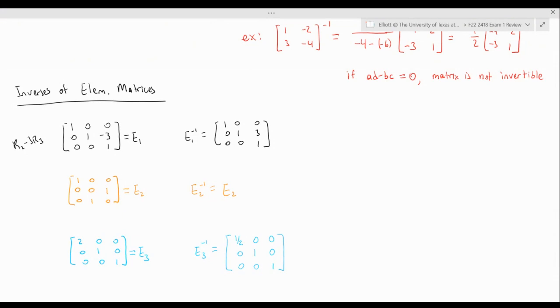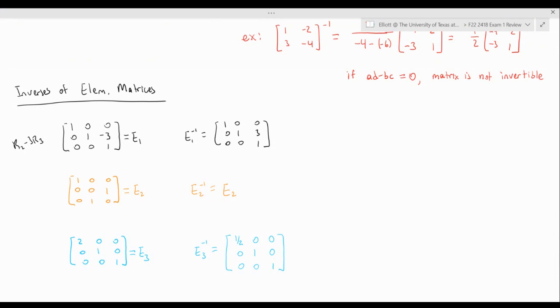So if you do that operation on the identity matrix, it gives you E1, okay? That's what we did earlier. So every row operation has an inverse row operation, meaning that you can undo any row operation with another row operation, okay?